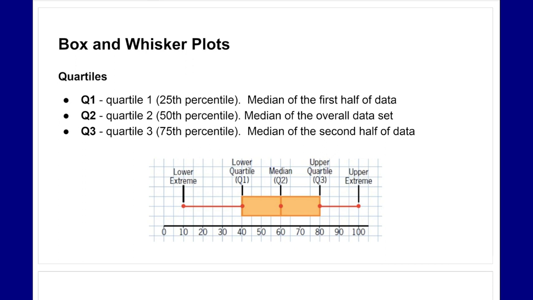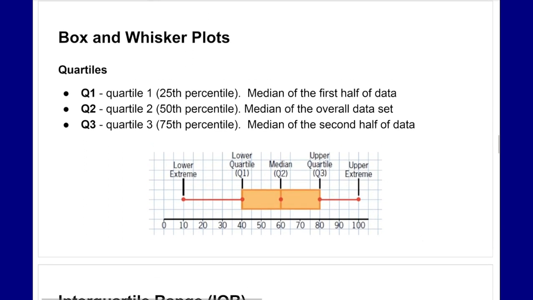So in our box and whisker plot, we look at quartiles. And the quartiles we're looking at are Q1, Q2, and Q3. And they are representing specific percentiles. Right? So essentially what quartiles are, they are basically data points or values that divide our data into 4 equal parts, similar to what percentiles do.